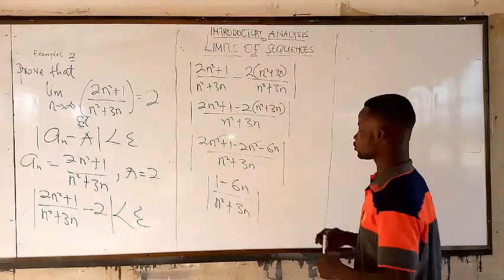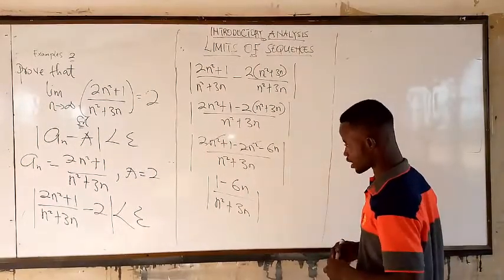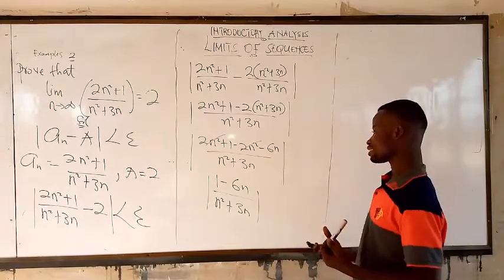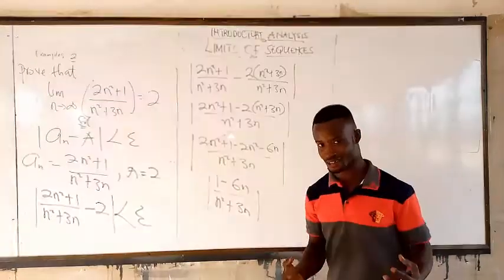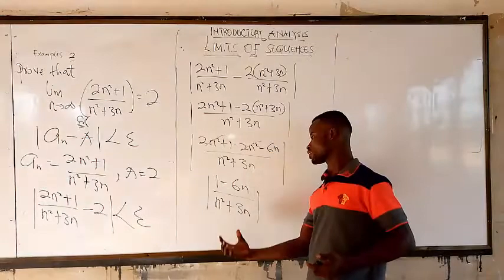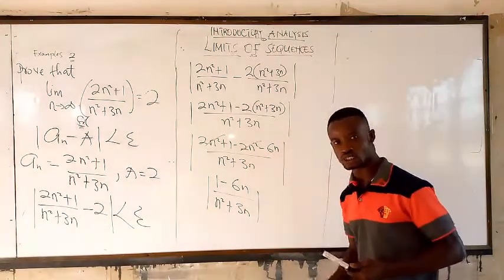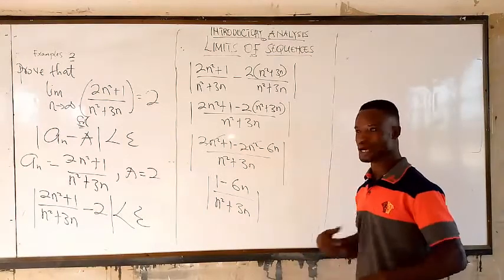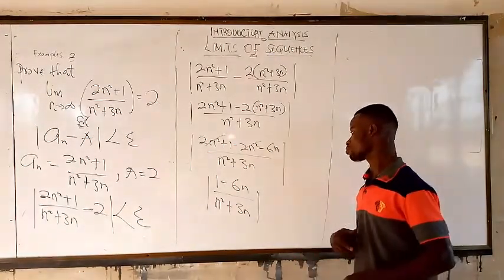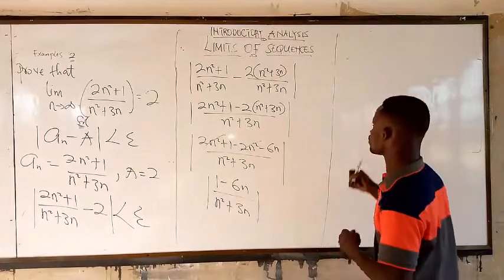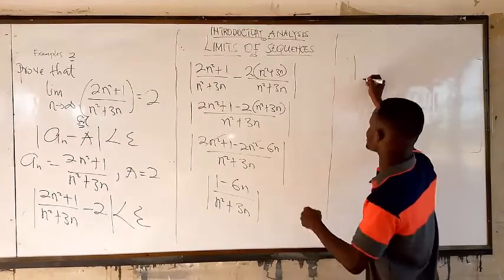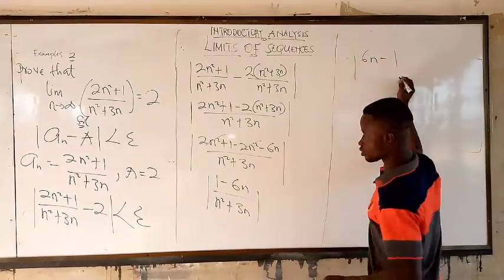Very good. Now we are going to take the absolute of this. And we know that in absolute, negatives don't matter. We don't care about negatives, so we can write this as 6n minus 1.